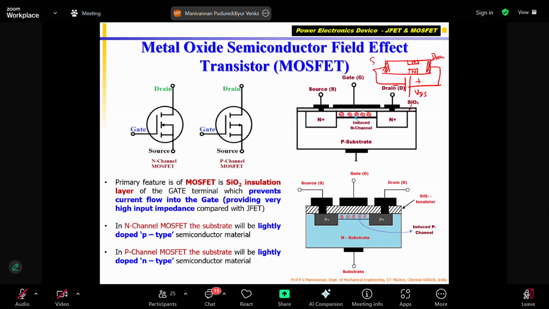These two things are connected together and connected to another voltage, which we call VGS. This is the gate voltage, plus minus. This is the control input. If I vary the VGS from 0 to 5 volts, this is called a channel. This is called a P channel because it is made of P material. The channel is this one.